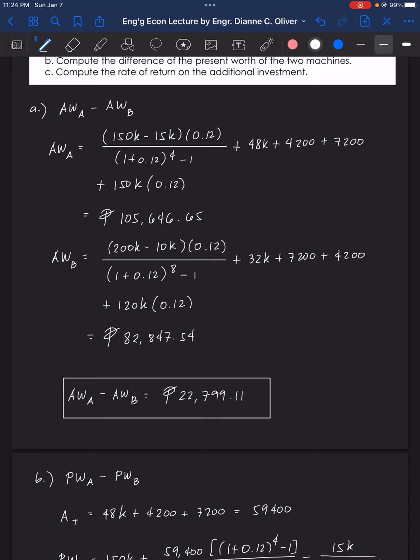We're going to redo this solution without the interest on investment here.